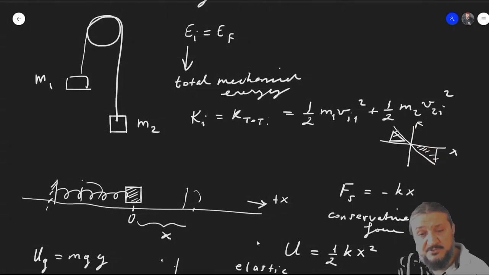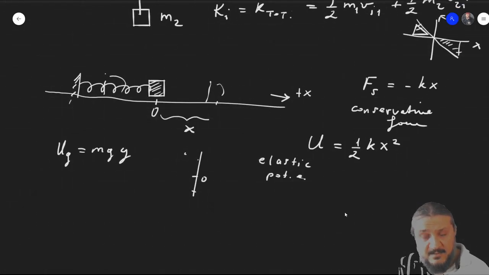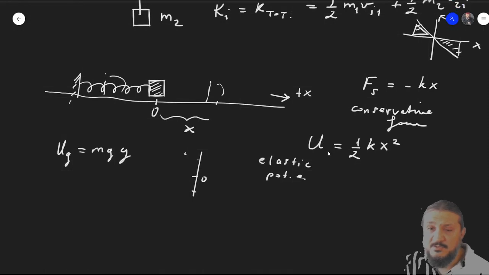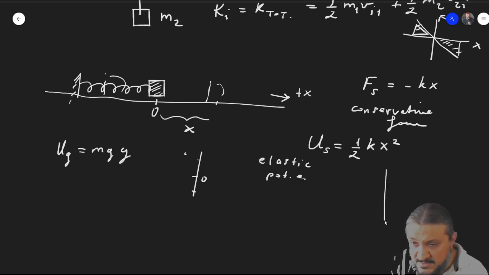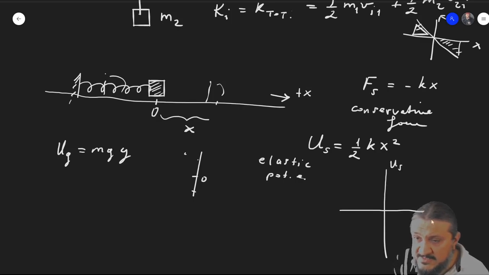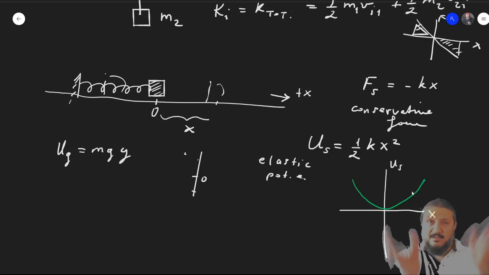So UG can be negative, but the elastic potential energy, let's call it US, is always positive. If you plot US as a function of x, if you remember from analytical geometry, it's something like this, like a bowl. If you think in 3 dimensions, that would be a bowl.